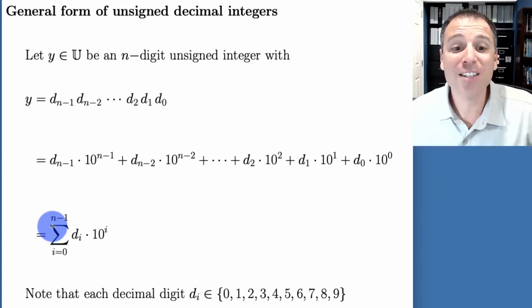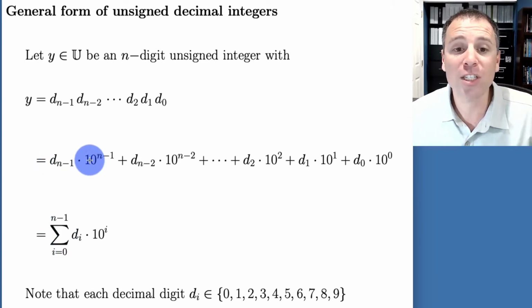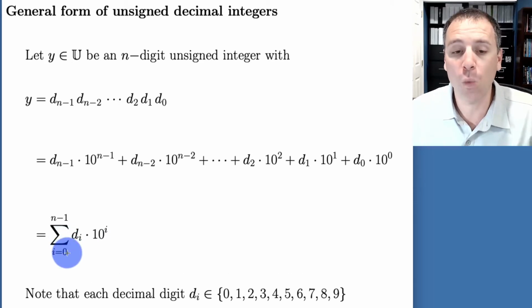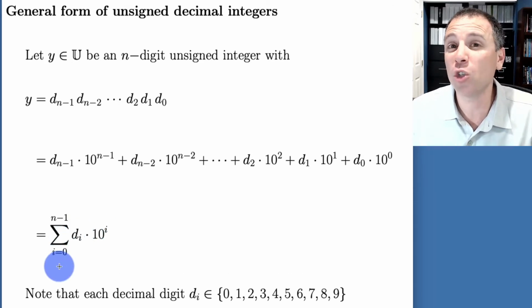We can write that in summation notation by simply just combining all of those with the summand. So we start at the least significant bit, which is D0. That counts the number of 10 to the zeros. We go up to i equal 1, that counts the number of tens. i equal 2 counts the number of hundreds. i equal 3 counts the number of thousands. And we continue all the way till we get to n minus 1.